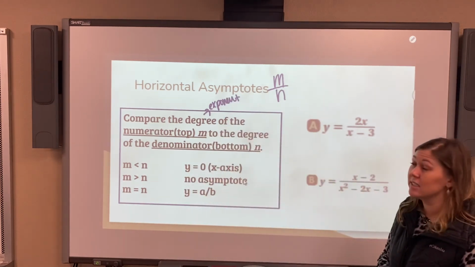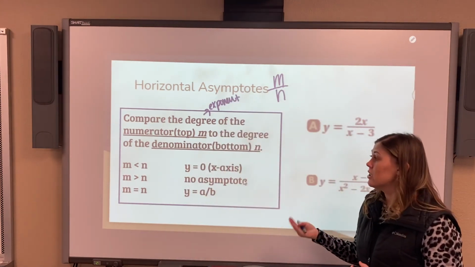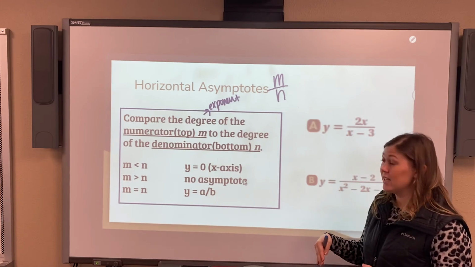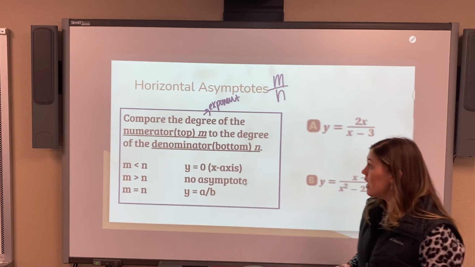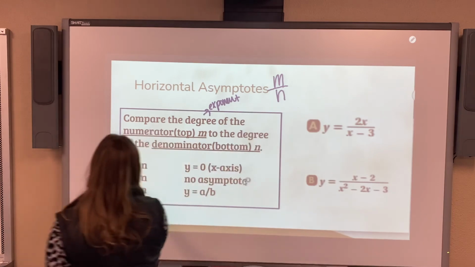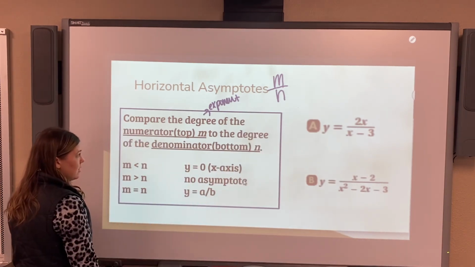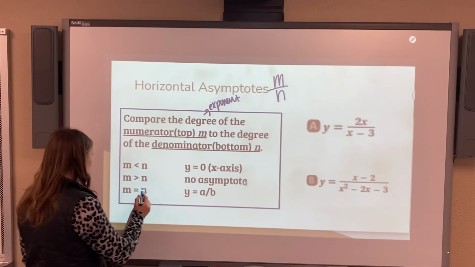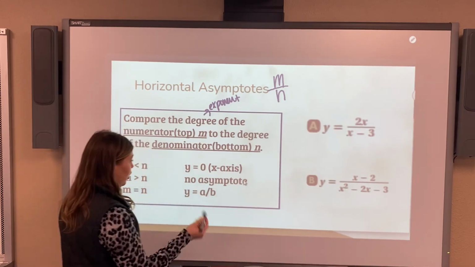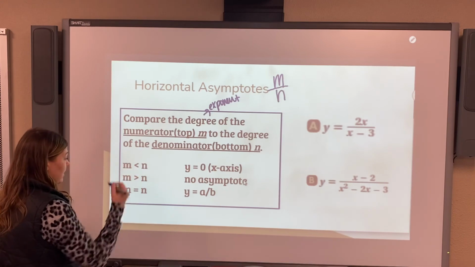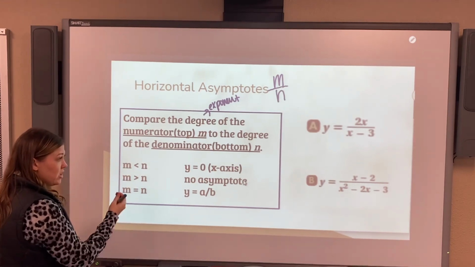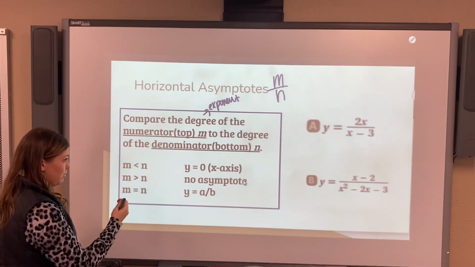So the degree is the highest exponent at the top compared to the highest exponent at the bottom. If the bottom is bigger, your asymptote is at y equals 0, the x-axis. If your top is bigger, you do not have a horizontal asymptote at all. And if they're equal, you look at the coefficients in front, and that is your asymptote.